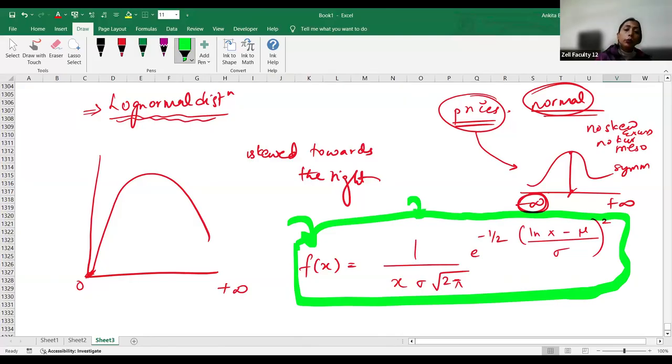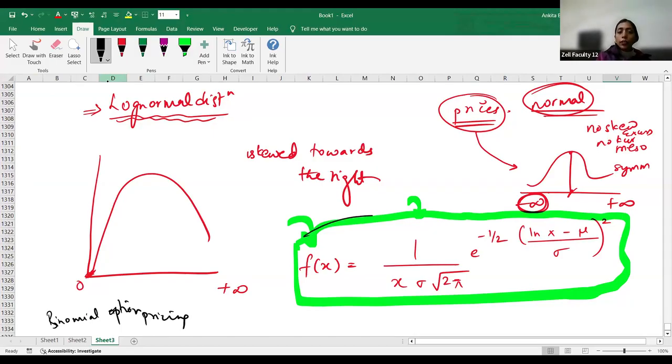Now, when would you use these things? When you will be studying binomial distribution. Not this binomial that we studied, but the binomial option pricing model. When you'll be doing your binomial option pricing model, that is the place where all of this would come: ln of x, mu, sigma, e to the power x, all of that.